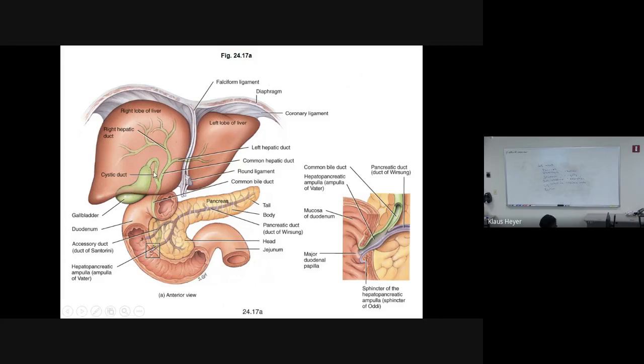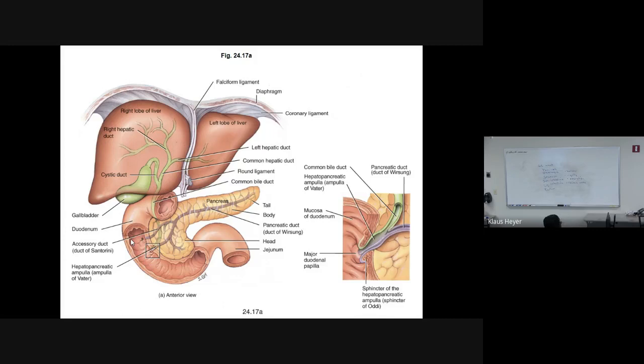Cystic duct, back into the common bile duct, into the small intestine, into the duodenum. And same thing with the pancreas. You follow these 2 ducts, the accessory duct, the pancreatic duct, they are both emptying into this beginning part of the small intestine.